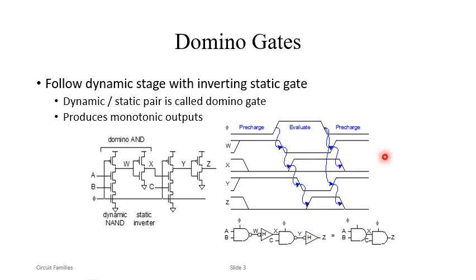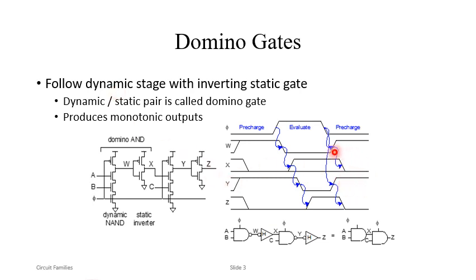If the input is 0, the output is also presented accordingly, but some problems arise here. The problem arises when the input goes from 1 to 0: the output does not change from high to low. That is why monotonicity problems arise here. That problem is called monotonicity.